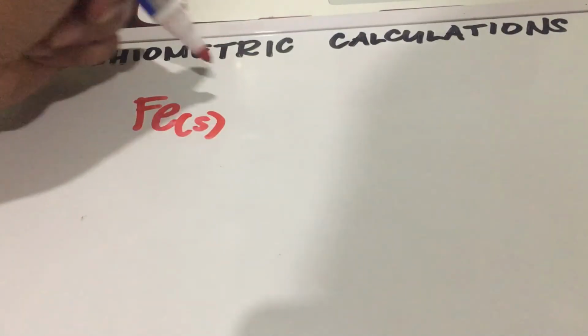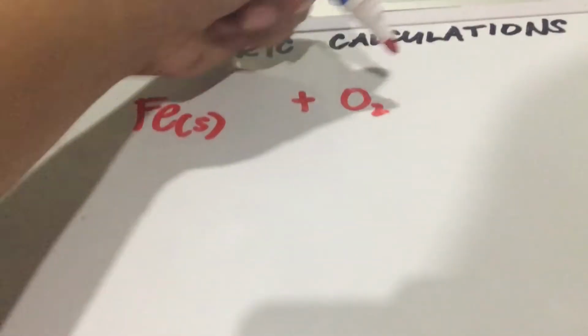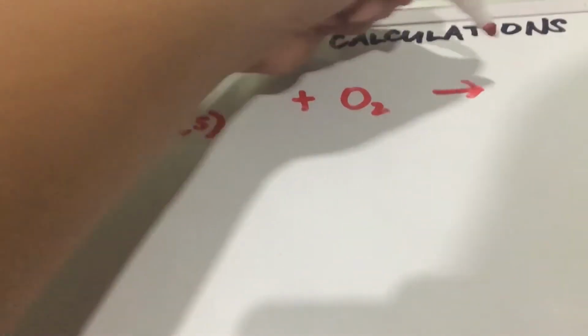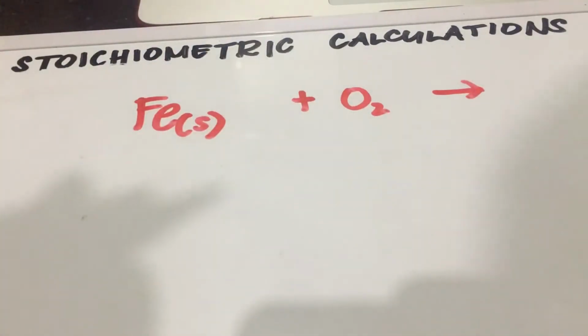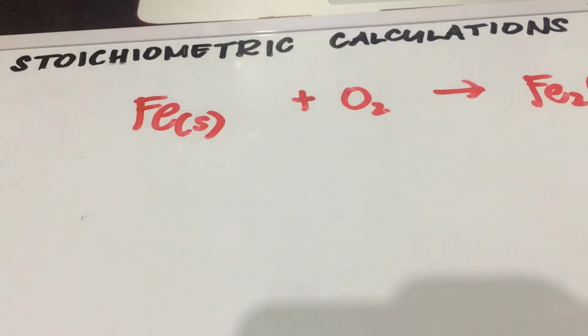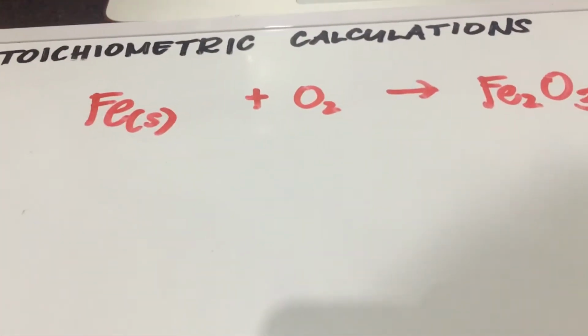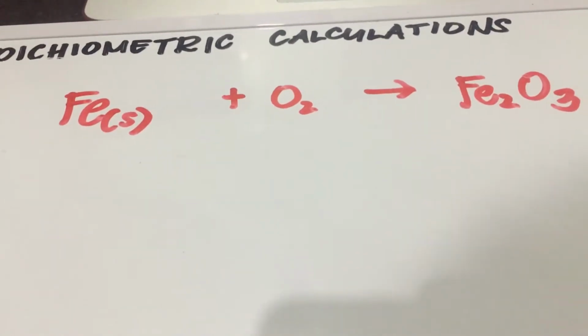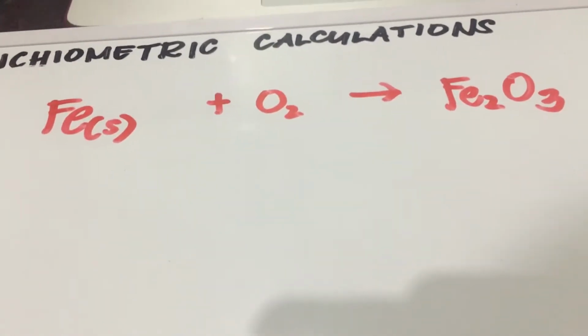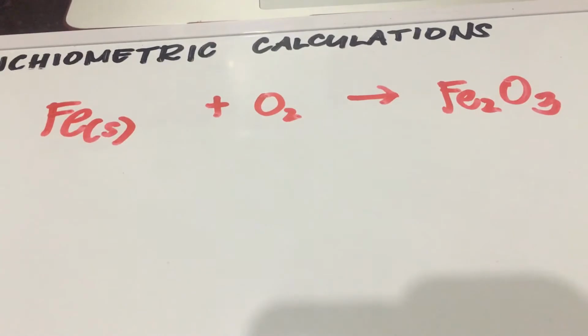And then it reacts with oxygen gas, plus O2, to give us iron(III) oxide. What's the chemical formula of iron(III) oxide? That is Fe2O3. Okay, that's basically our chemical formula for rust. So Fe2O3. Alright, now all we need to do is to balance the equation.